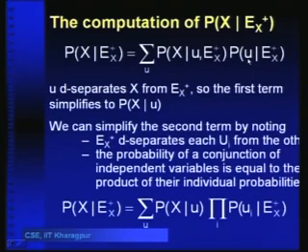Now, if you look at that vector, each of those individual items U1, U2 dash, U3 etc. are independent given Ex plus. Why? Because they are deseparated by X. So I can split them up into the individual Ui's given Ex plus, and the product, because they are independent.